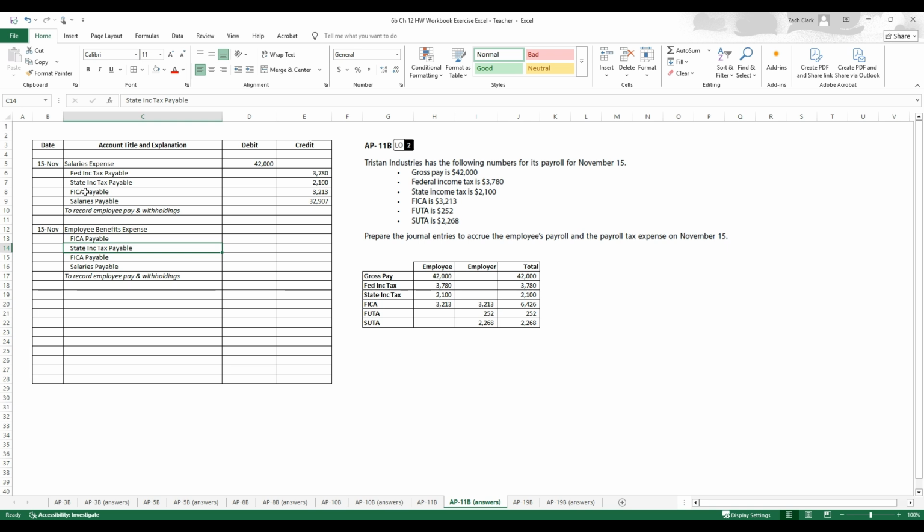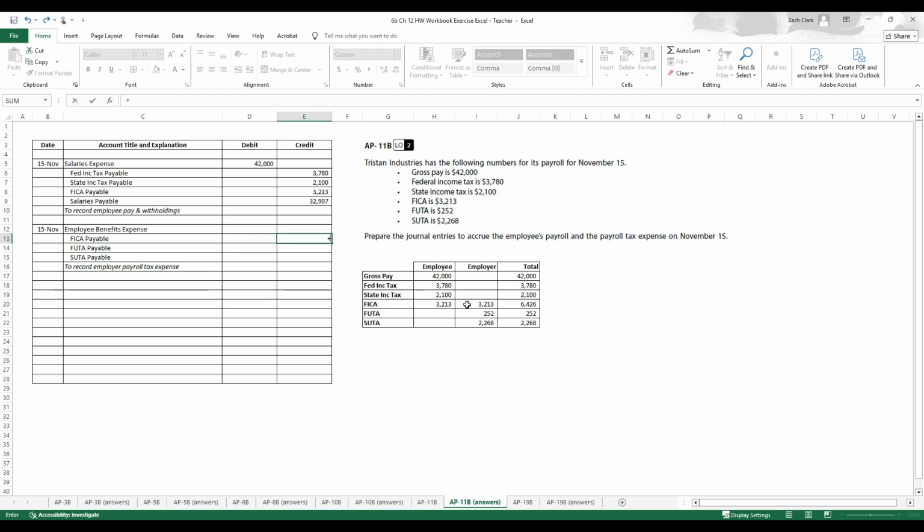We have the FICA payable, we have the FUTA payable, and we have the SUTA payable. Don't have salaries payable. That's only applicable for the employees. Just copy and paste that one up, and we'll say to record employer payroll tax expense.